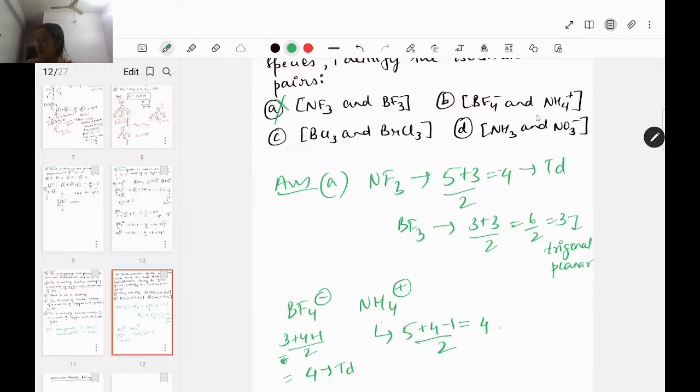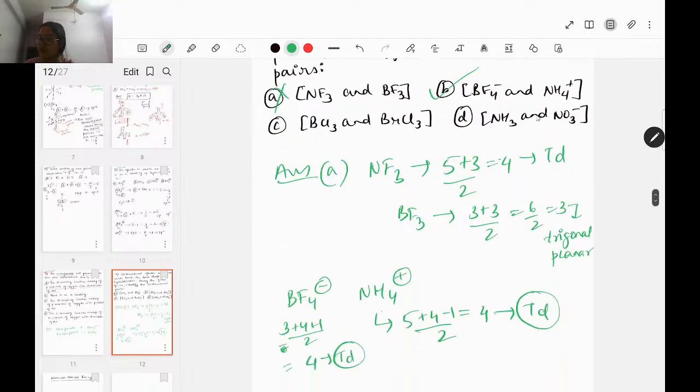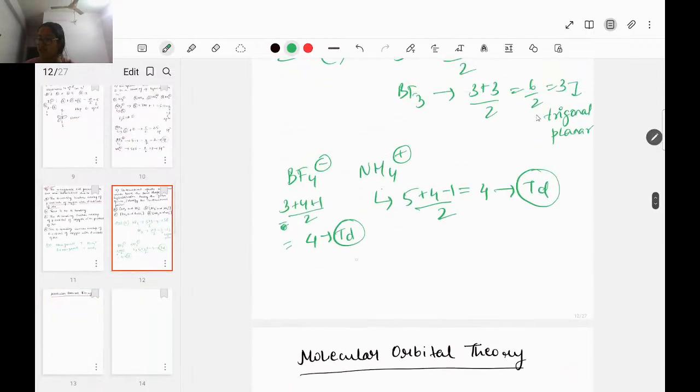So we have tetrahedral. So we can clearly see option B is isostructural. Since only one option is correct, we don't need to check the others. If you want, you can check the other two compounds as well, but they are not the answer. So only BF4 minus and NH4 plus is the answer. They are isostructural because they both have tetrahedral geometry.